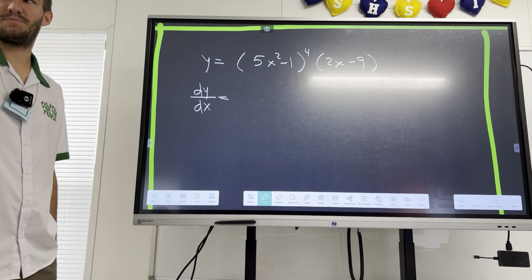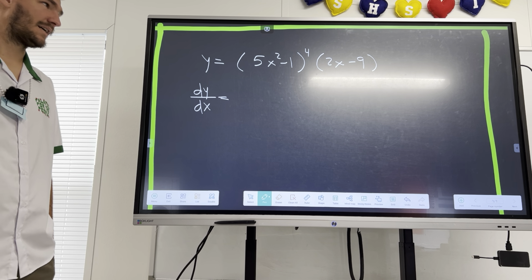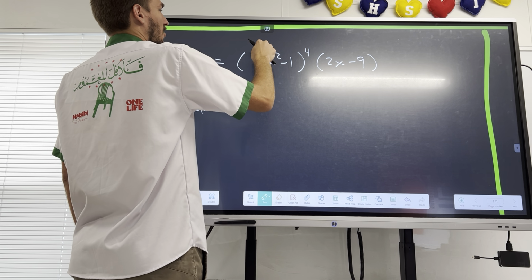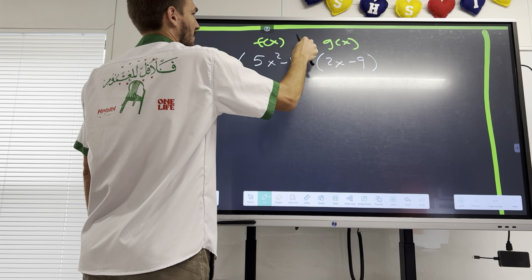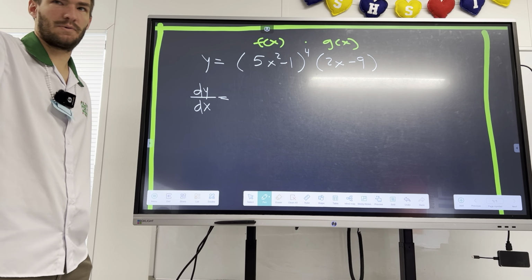I heard chain, I heard product, and you're both right. Because what I'm seeing here is that if we call this F and we call this G, those 2 things are being multiplied together.